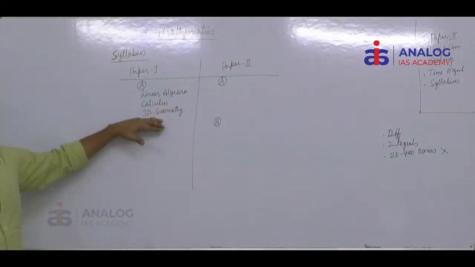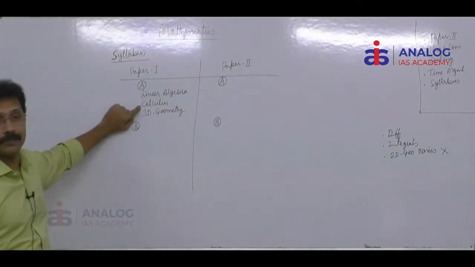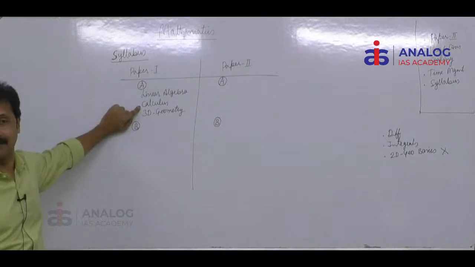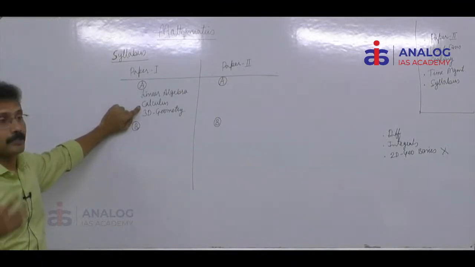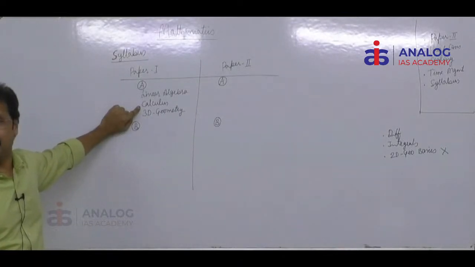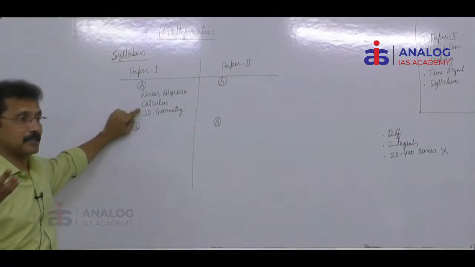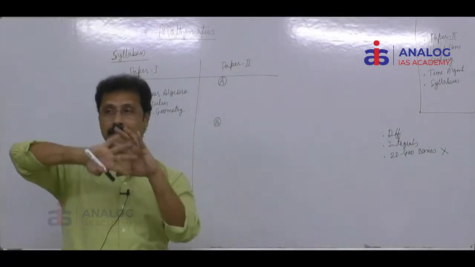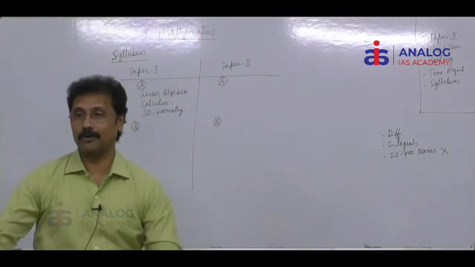Not only that, even if you look at calculus, advanced level of integral calculus, what we have is multiple integrals. Now, for any given multiple integral question, you need to understand or visualize the 3-dimensional geometry of that object.